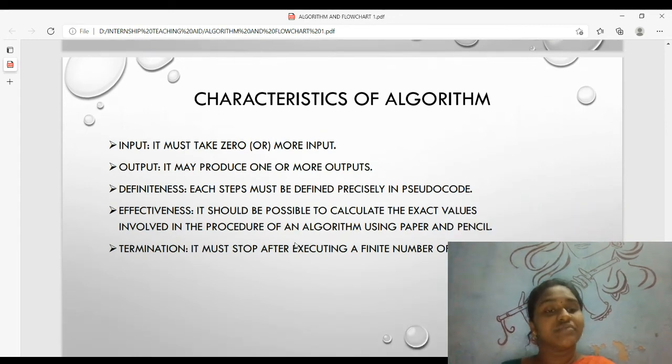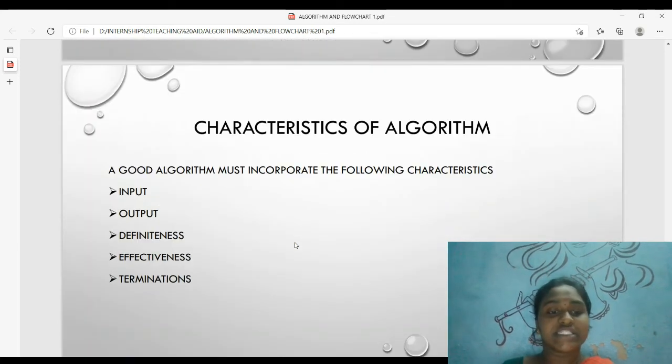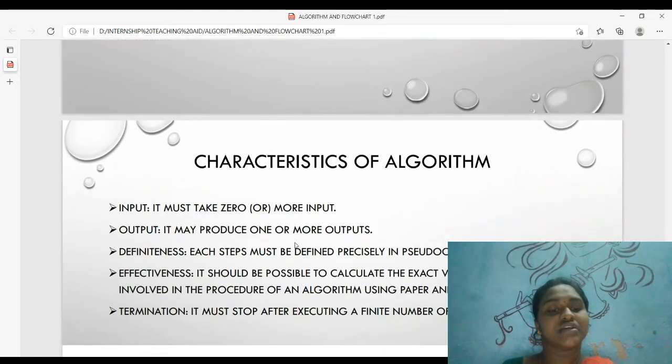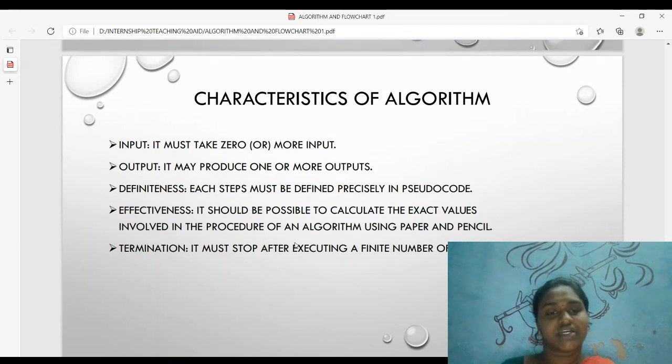This is a continuation where I give the particular characteristics in detail. Input: the first characteristic. It must take zero or more inputs.